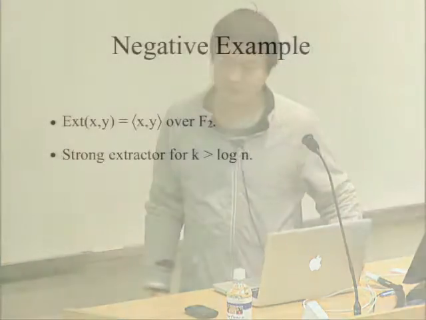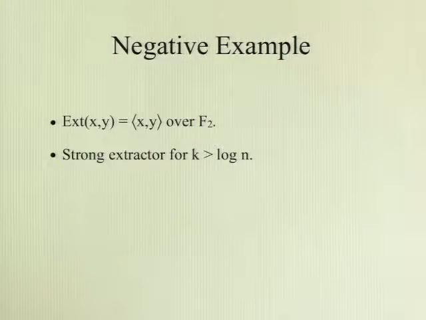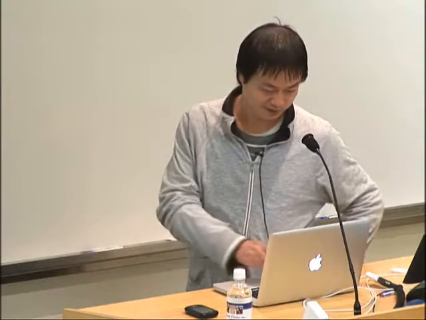This is actually a very good strong extractor. It works for essentially any min-entropy here. But it turns out it is a very bad non-malleable extractor. It is not a non-malleable extractor even if the entropy K here is something like m-1.